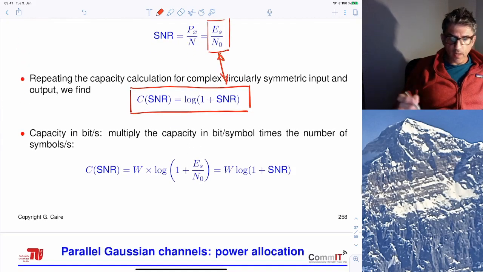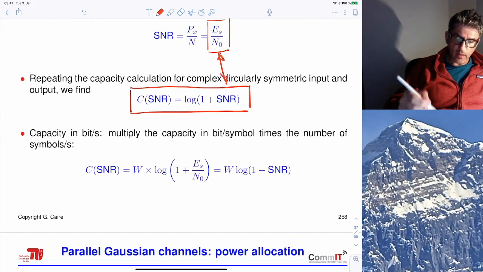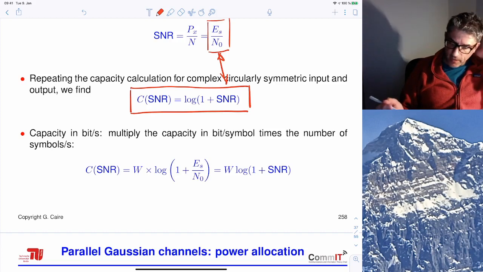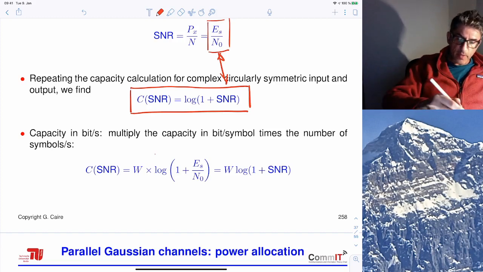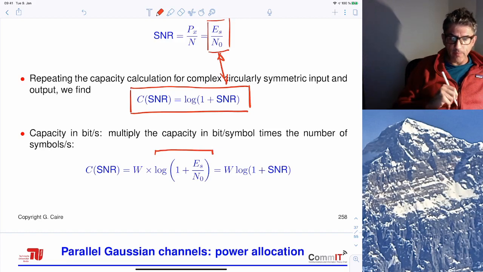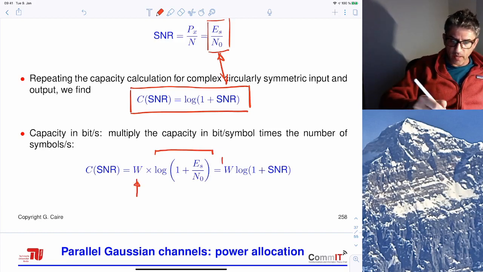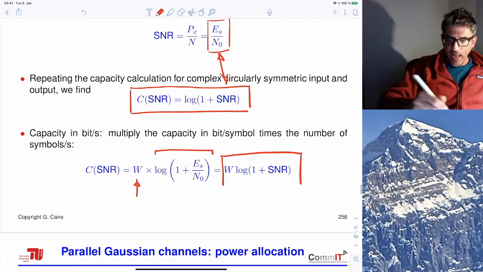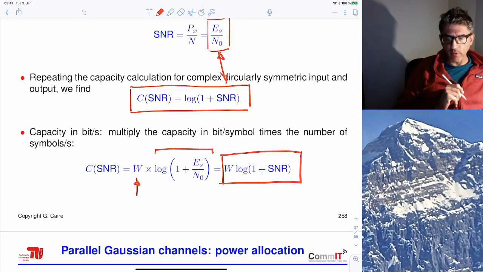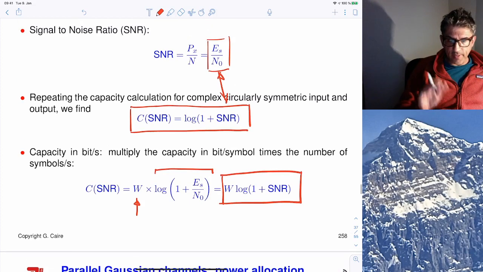So again, we can calculate the capacity in bit per second by taking bit per complex sample times number of complex samples per second, and we arrive at exactly the same formula as before, where simply SNR has a different definition.